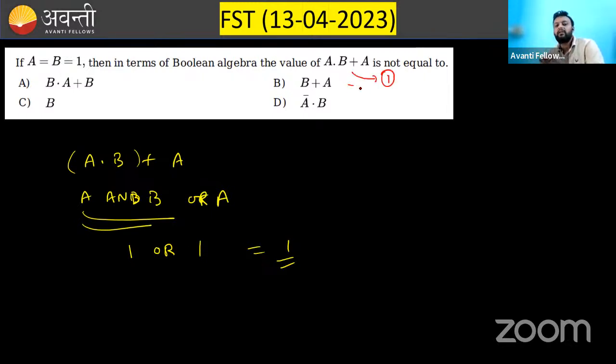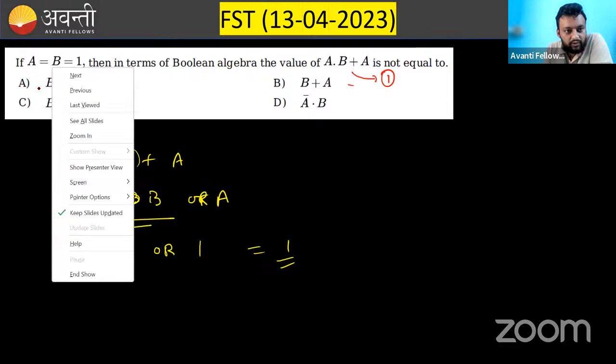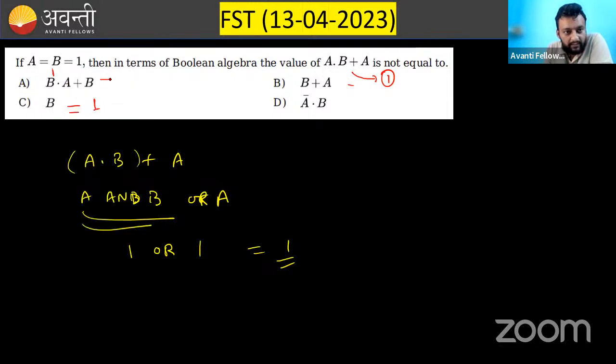Now we need to identify which other term is not 1. You can see that B is equal to 1. B and A is equal to 1, or A, so its total is 1.